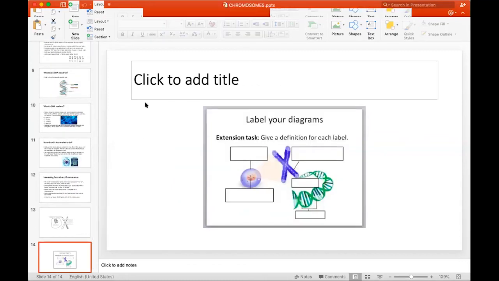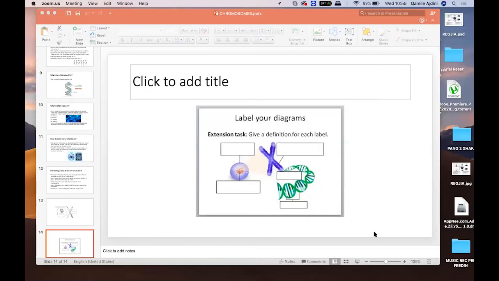The last one, what does it represent? DNA. Yes, you're right. It represents DNA.